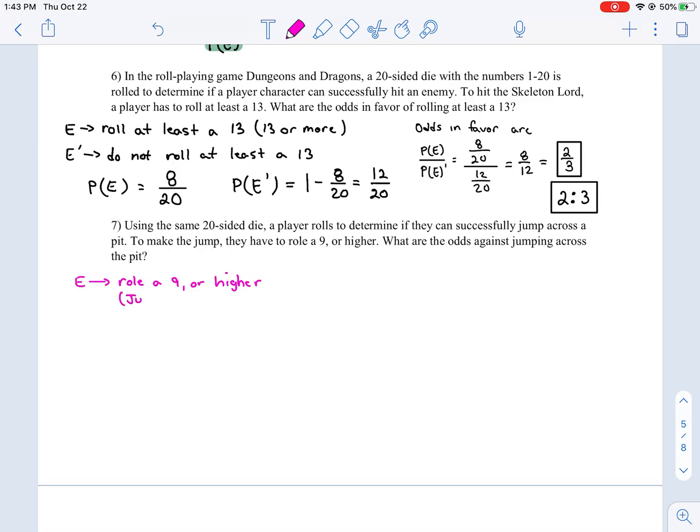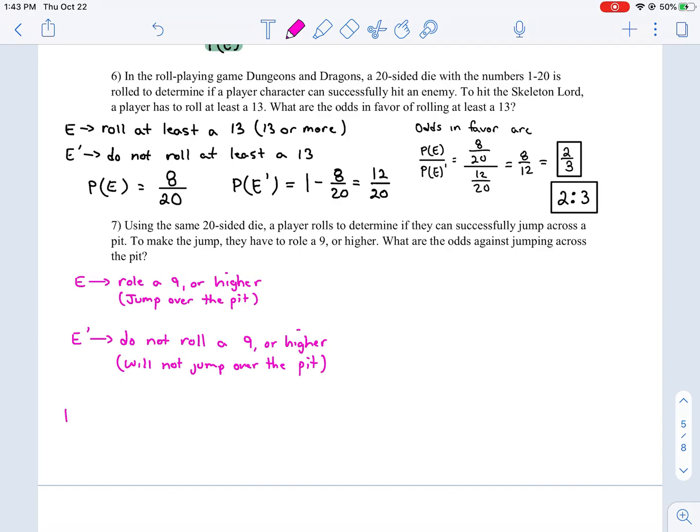So in that case, the player will jump over the pit, which means E's complement would be do not roll a 9 or higher, in which case the player will not jump over the pit.